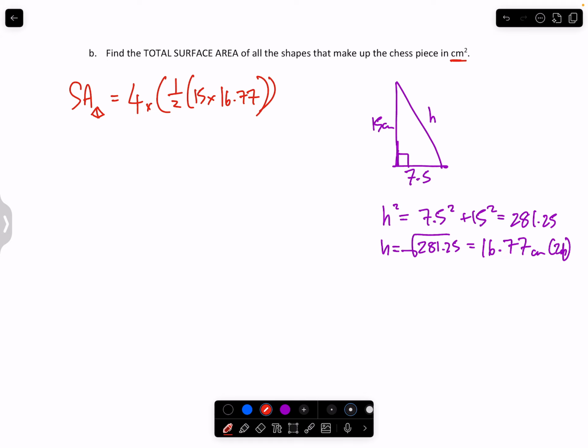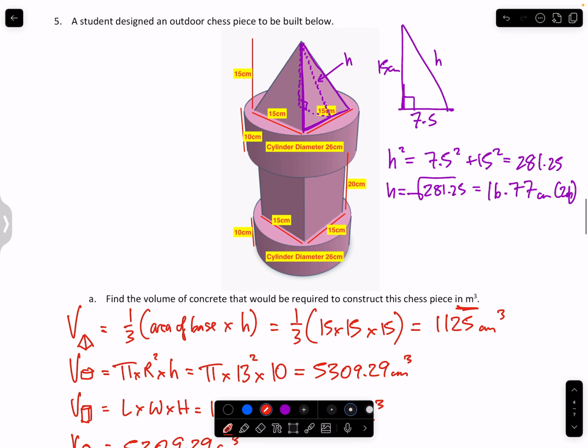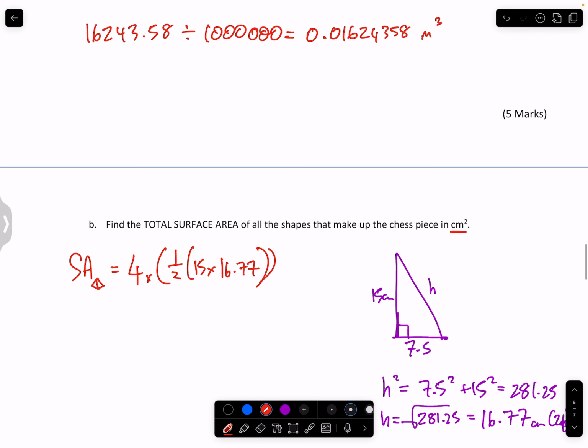And then the base of the pyramid is a square, which is 15 by 15, so plus 15 times 15.